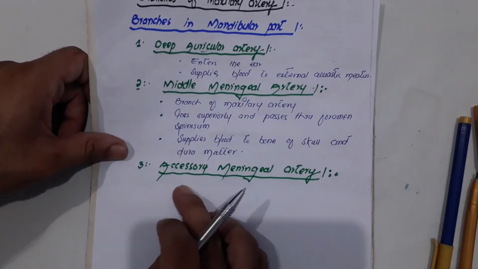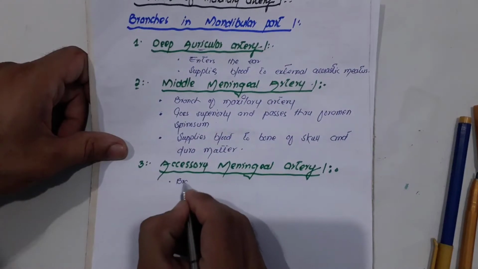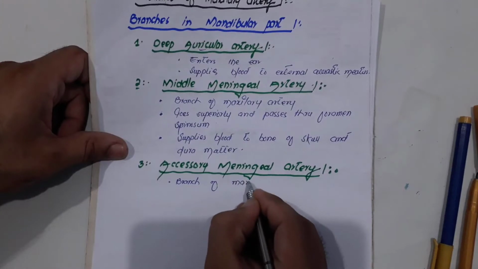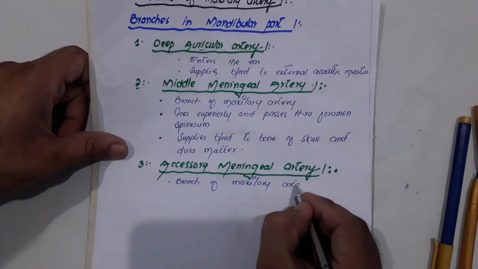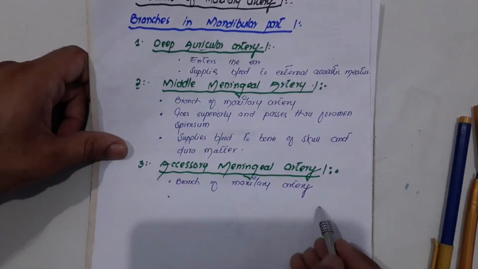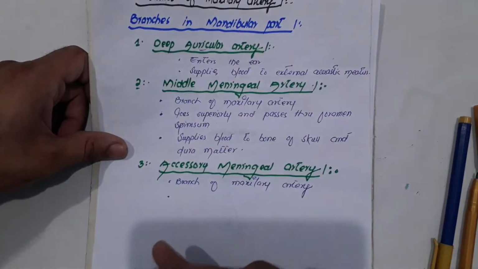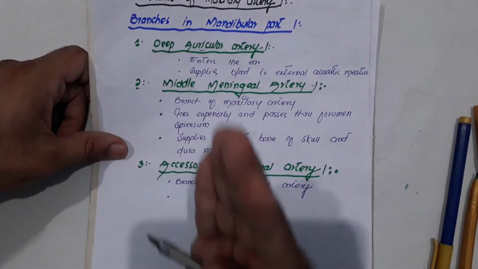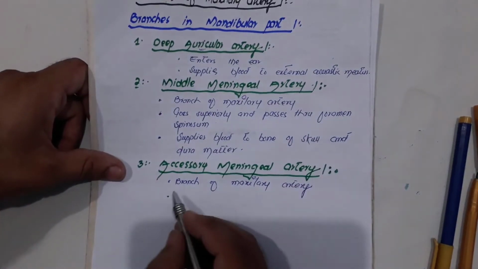This artery is also a branch of the maxillary artery, right? Everyone knows. It arises a little apart from the middle meningeal artery, and when it arises, it again moves a little superiorly and enters another foramen, which is called the foramen ovale.